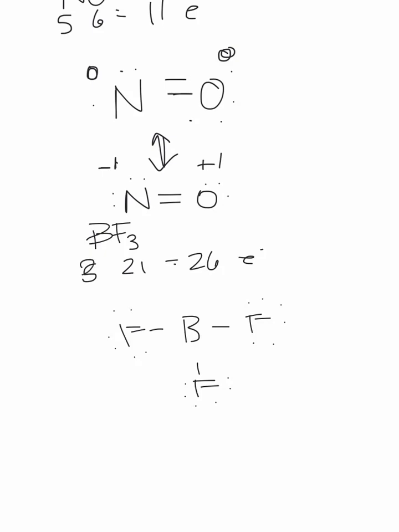Actually, boron is 3, so that would give us 24. So it's 3 and 21, which is 24. So we have 8, 16, 24. We have 24 valence electrons, and that checks out.